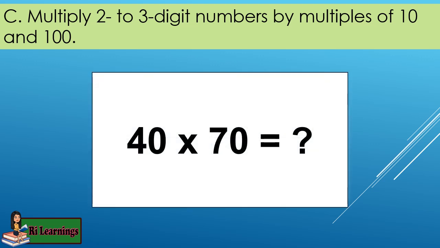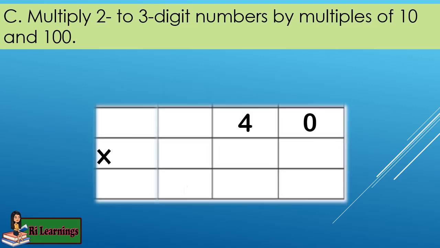Let's have another example. 40 times 70. Let's follow the steps we used in the previous example. Step 1. Take the number in multiples of 10 as the multiplier. Both factors are multiples of 10. Let's choose 70 as our multiplier. Step 2.